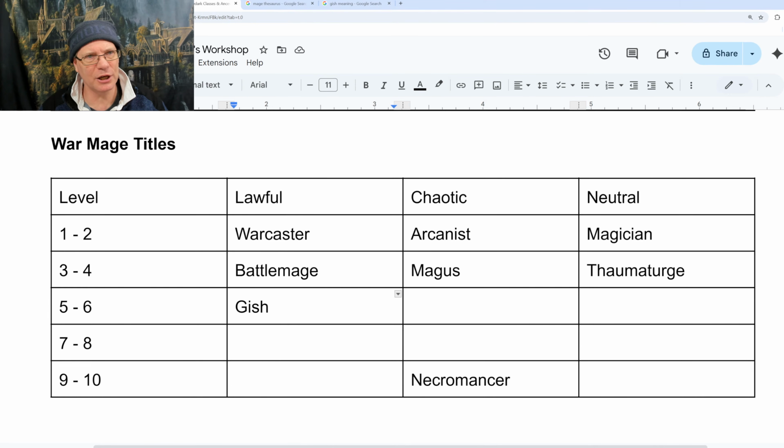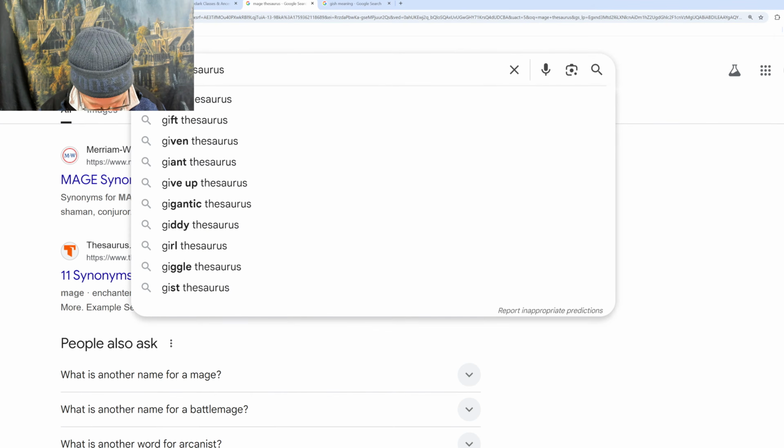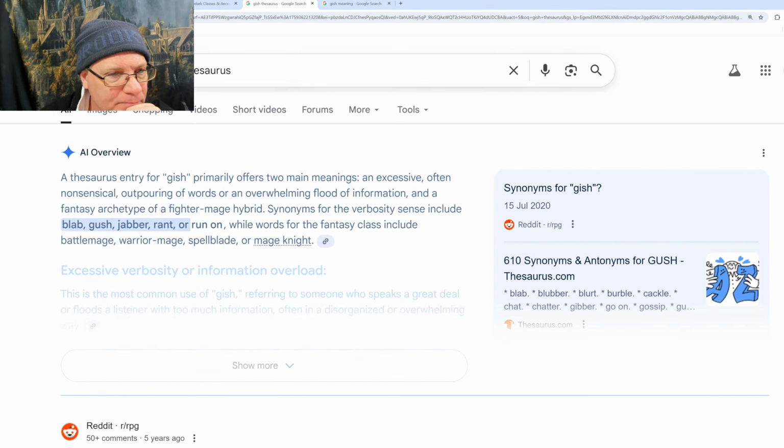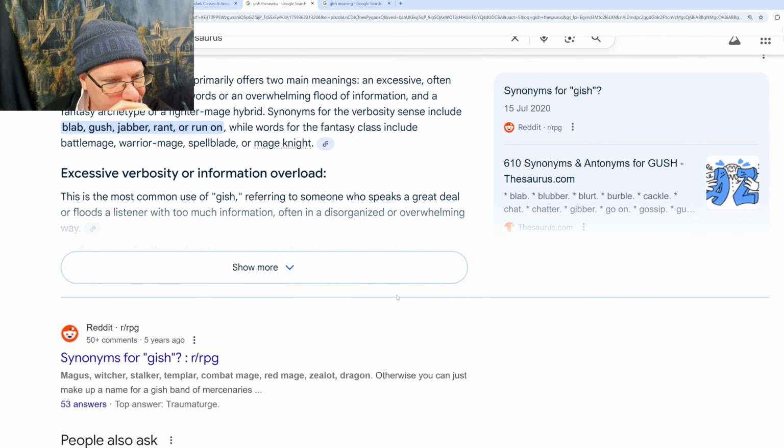well, let's use Gish. Gish Thesaurus may be a solution. That might be giving me a bit more Gish. No. Templar. What else?